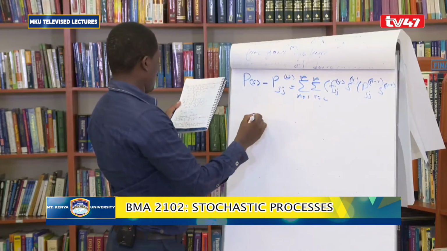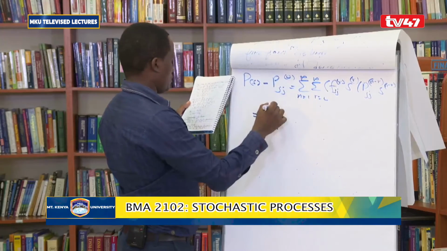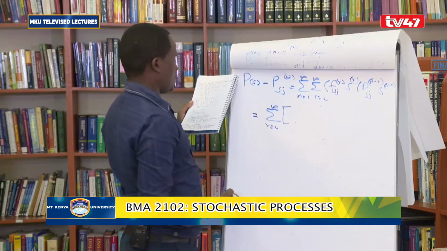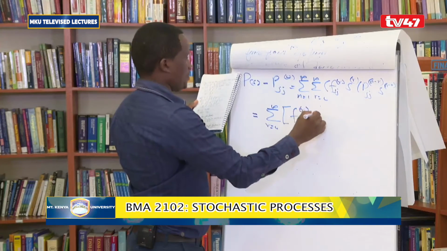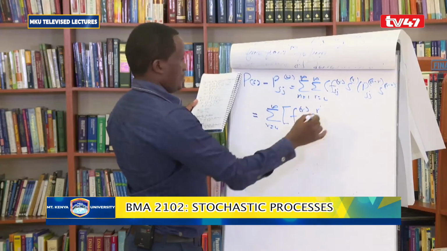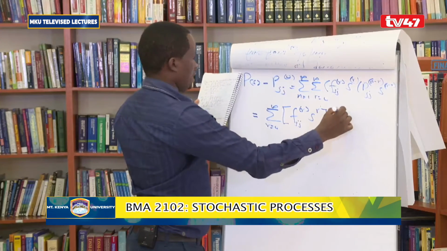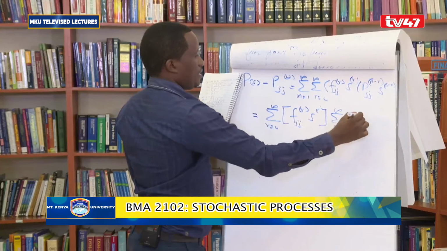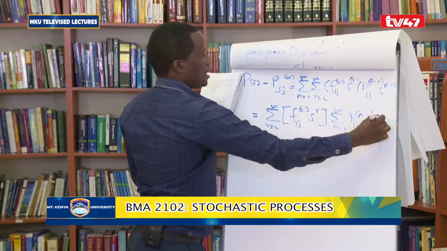This is equal to the summation, r from 0 to infinity, of f_jj^(r) s^r, taking each summation at a time, times the summation of p_jj^(n-r) s^(n-r).